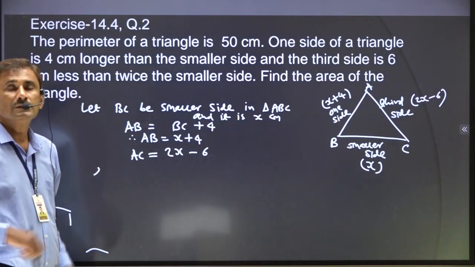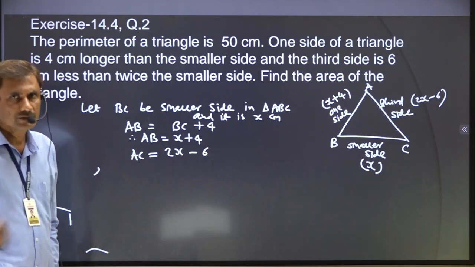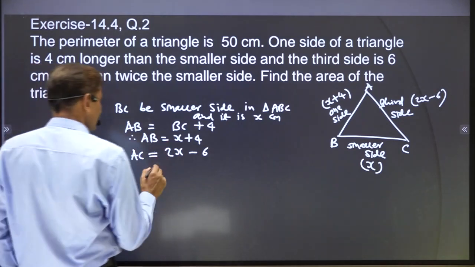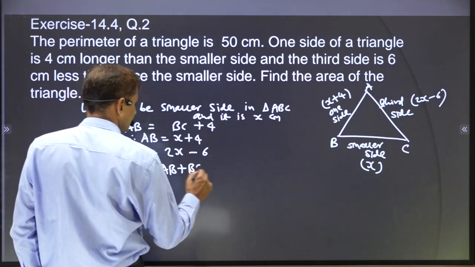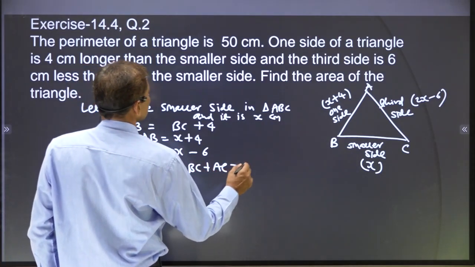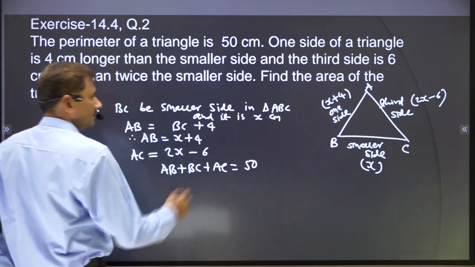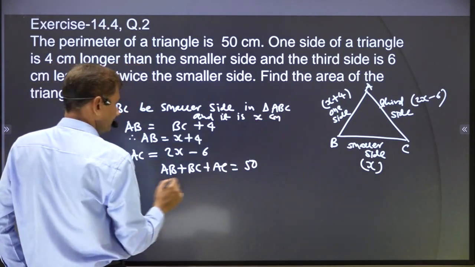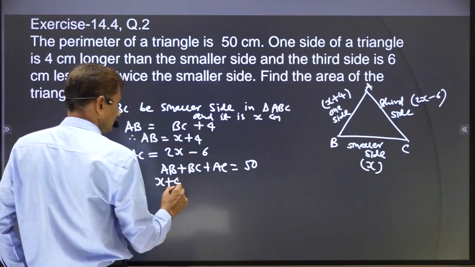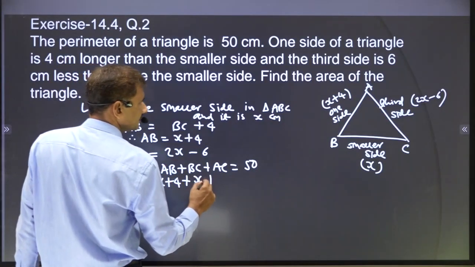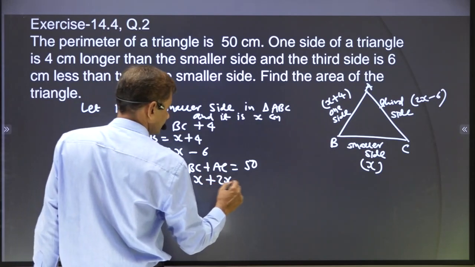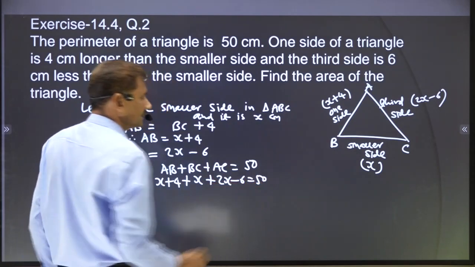So what to do? They have given the perimeter. So it is very simple. AB plus BC plus AC is equal to 50. Look there, x plus 4 plus x plus 2x minus 6 is equal to 50.